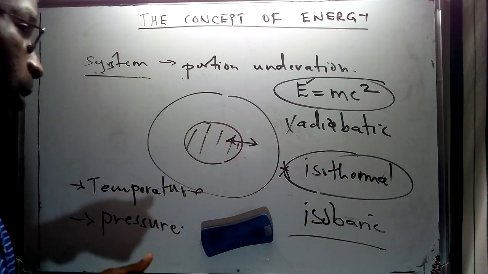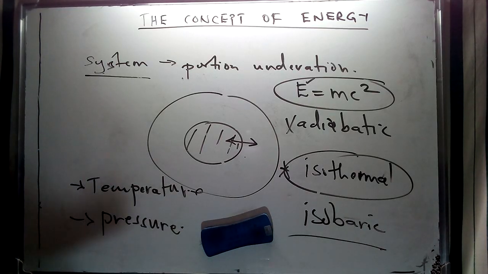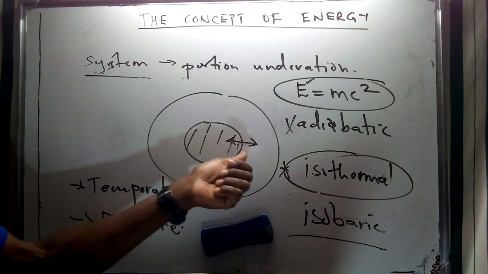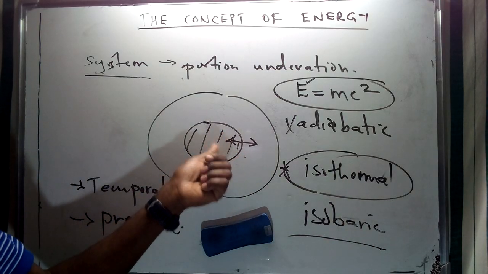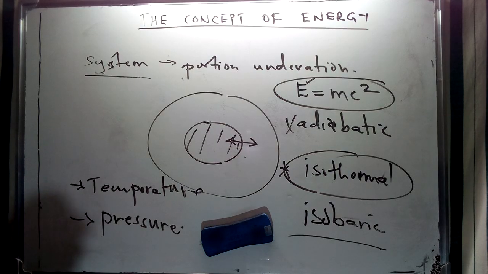And then lastly, if the system is completely isolated from its surrounding, the changes that are occurring are going to be referred to as adiabatic. And that forms our last bit for this specific concept of energy.